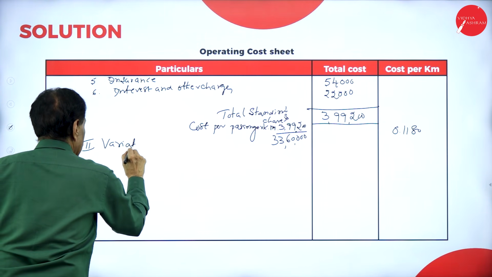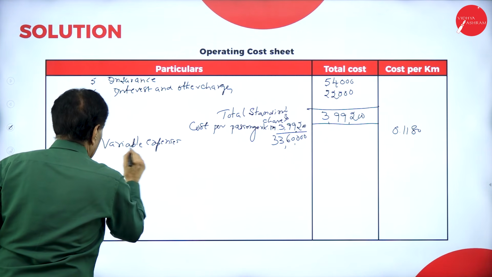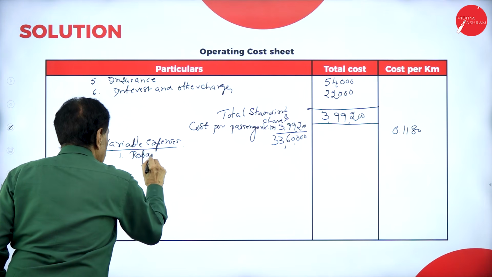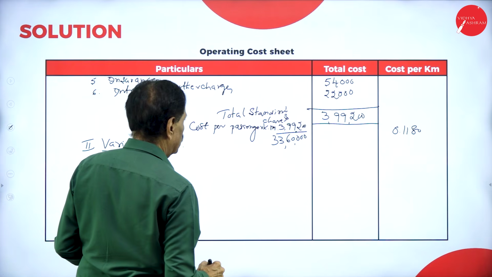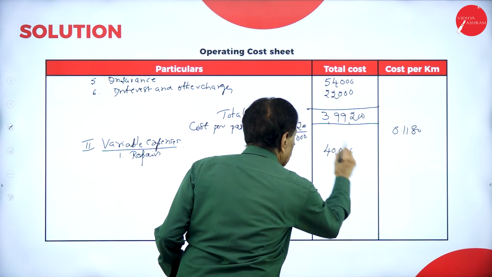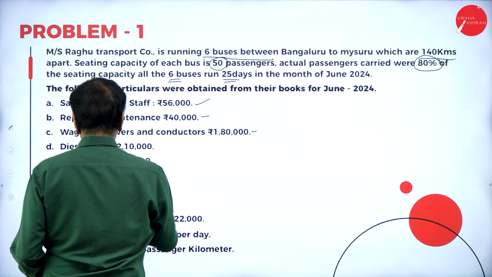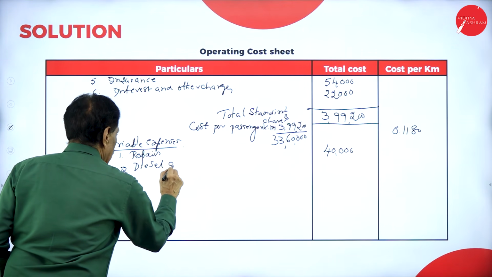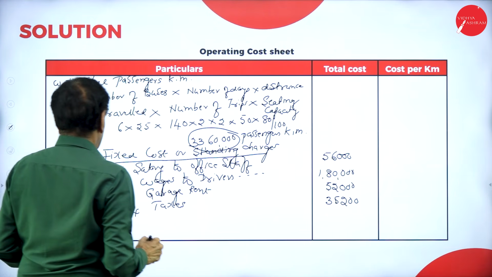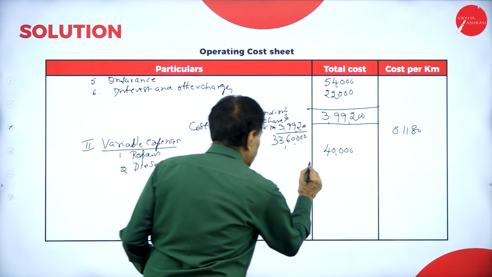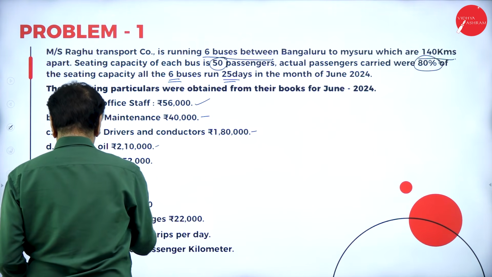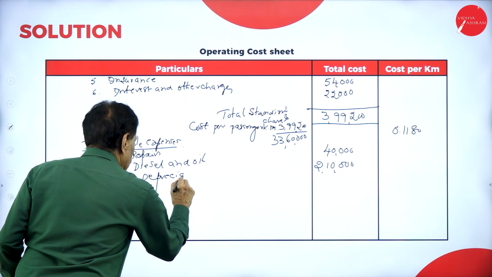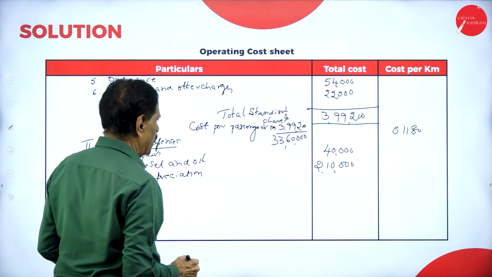Then number 2, variable expenses. Repairs 40,000, diesel and oil 2,10,000, then depreciation 90,000.